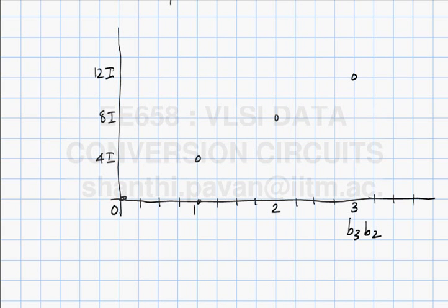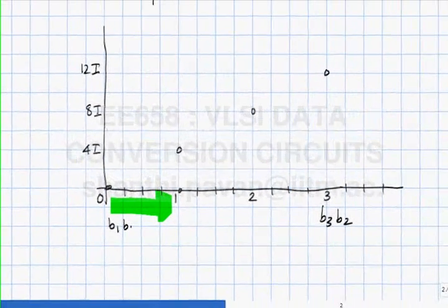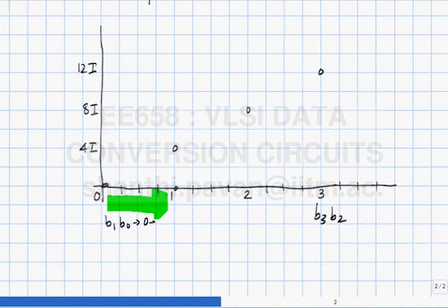Each one of these steps corresponds to B1, B0 varying from 0 to 3, and these red dots all correspond to what?